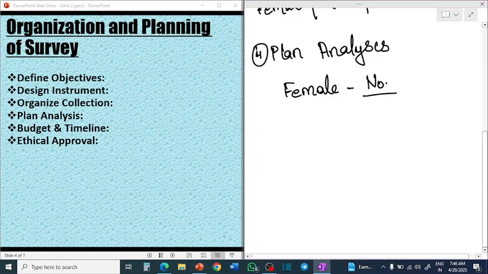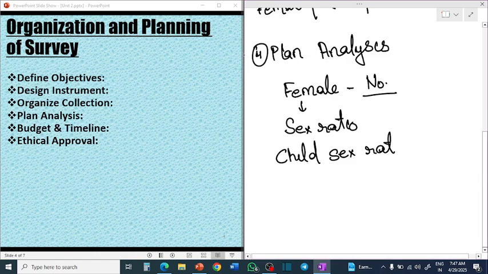From the number of females, we can find out the sex ratio. What is the male to female ratio in our country or in that particular place? Second, we can find the child sex ratio.